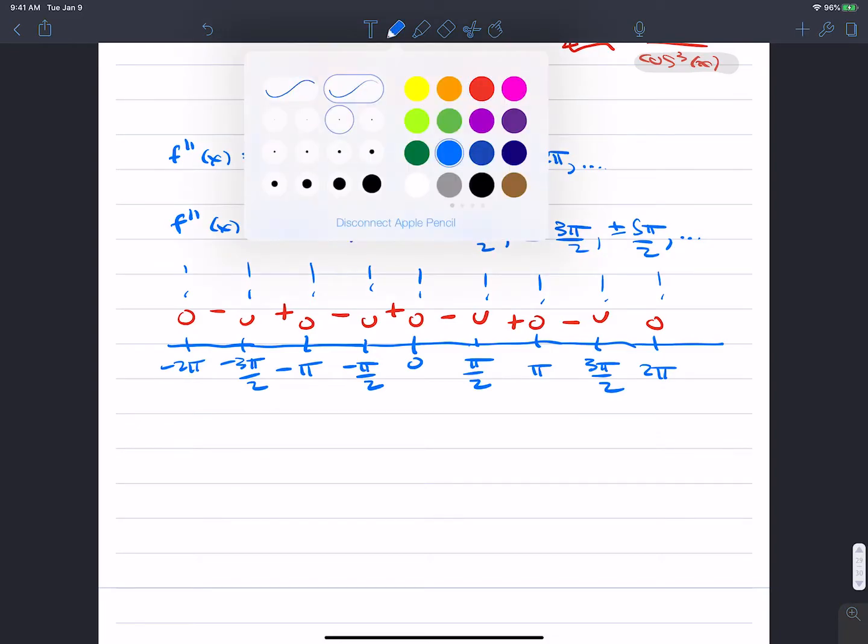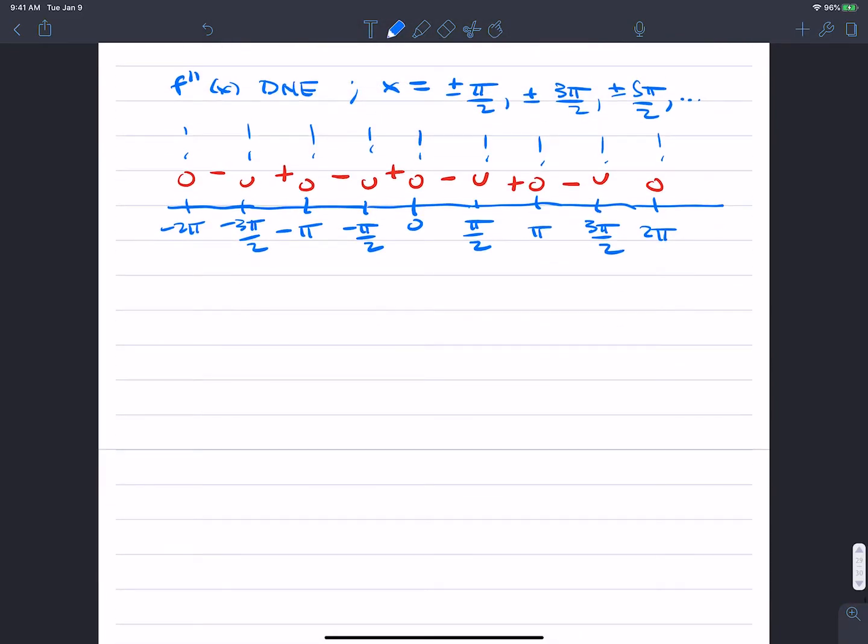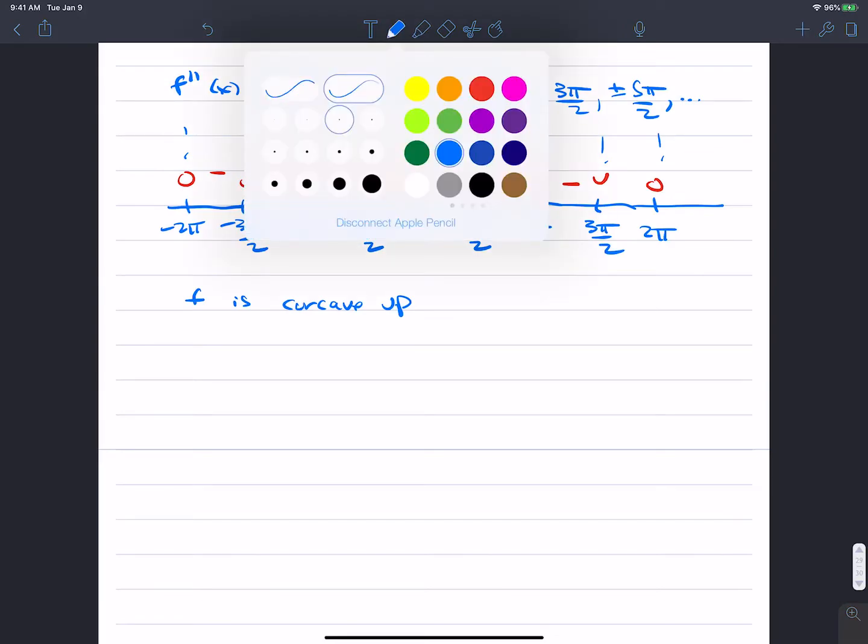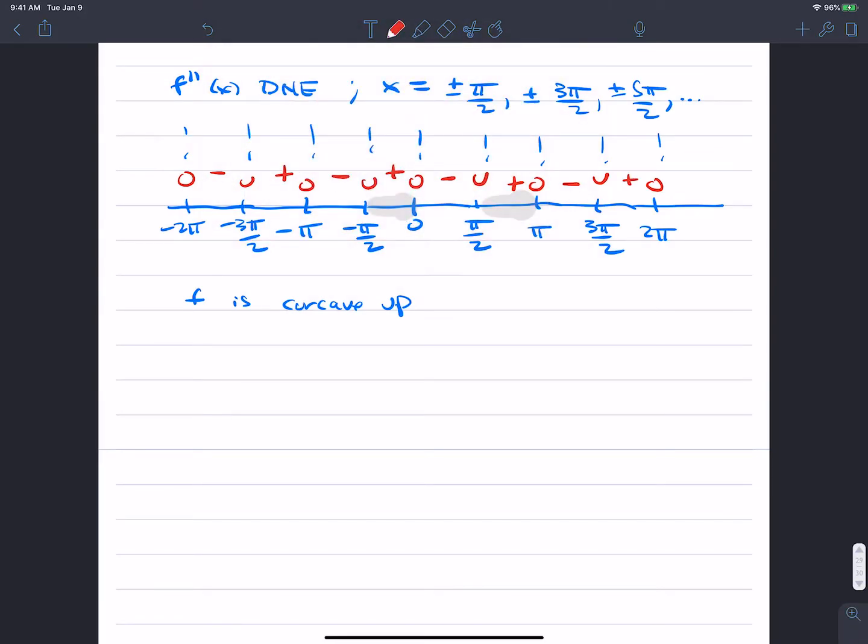So if we answer the question of concave up, let's do our conclusion at least. F is concave up. If we can read this, just to at least give these answers, positive, positive. This one over here will be positive, by the way. So we can write this up as concave up. Let's start with the positive intervals here.